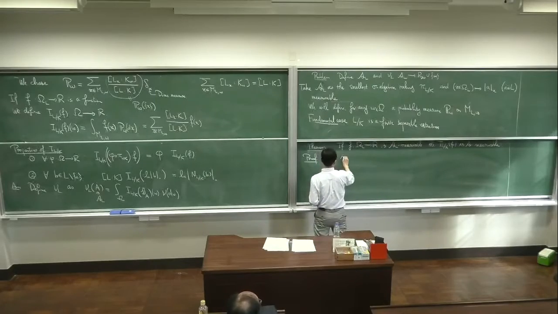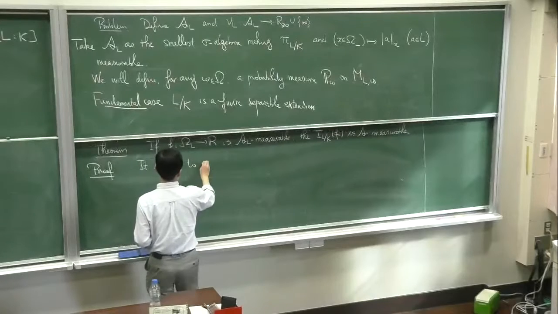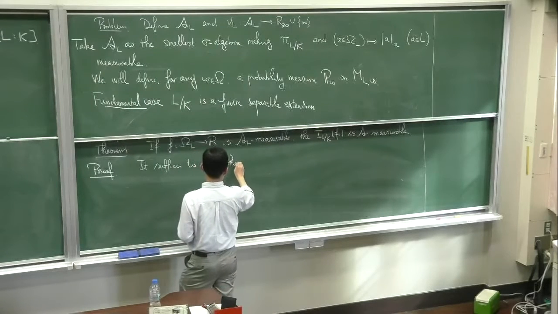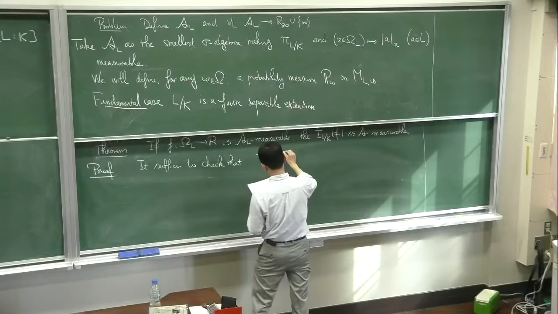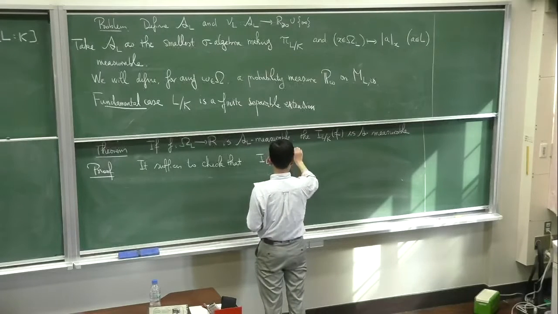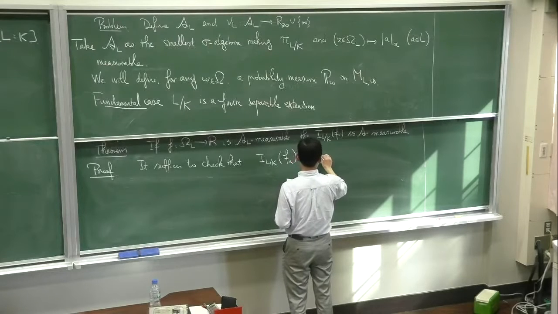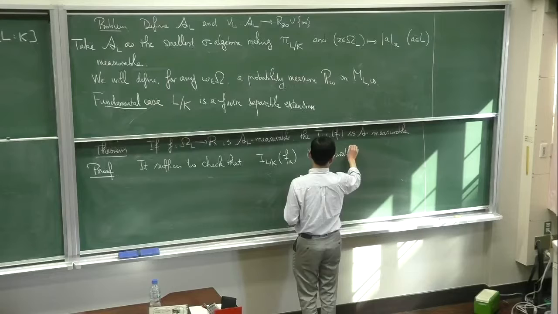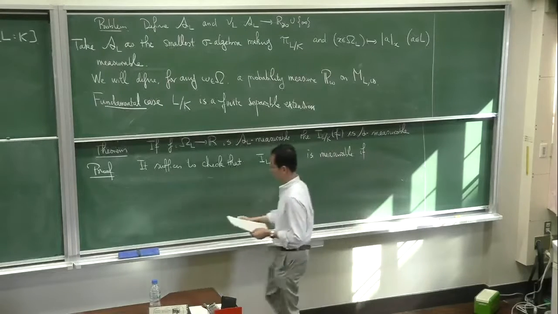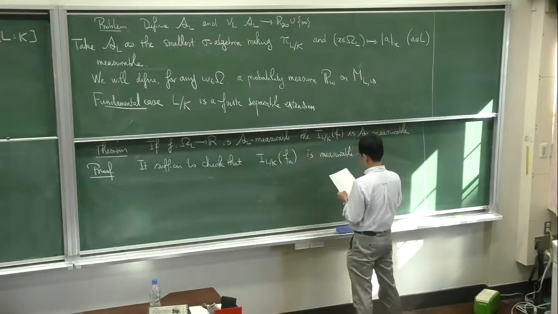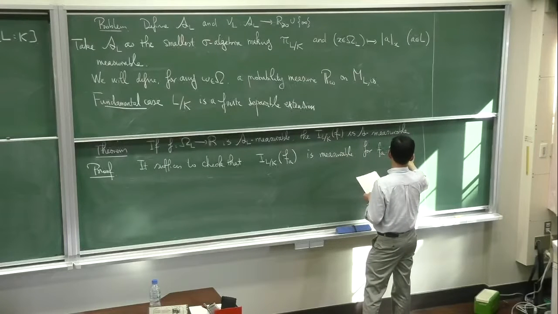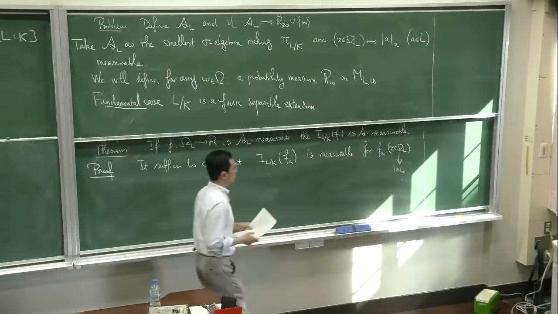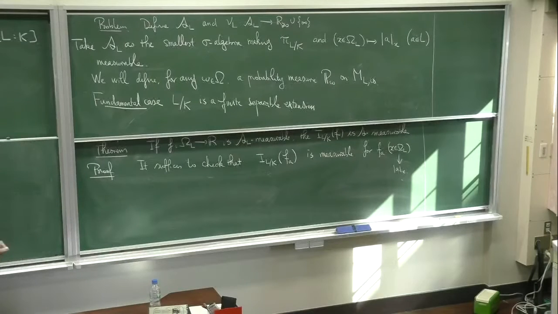So it suffices to check that I_{L/K} of some f_a is measurable for f_a of the form x in Ω_L maps to the absolute value of a with respect to x. So you need to consider just this case.